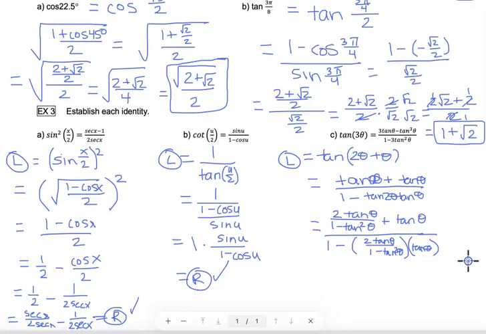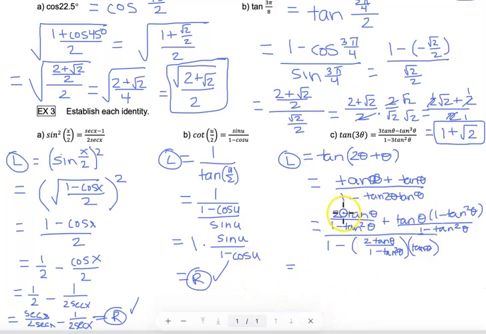So, how I'm going to get this to work: on the top, I am going to find a common denominator. I probably better write smaller. So I'm going to need to multiply this by 1 minus tangent squared theta and this as well. So I haven't changed anything because I multiplied by 1 there.